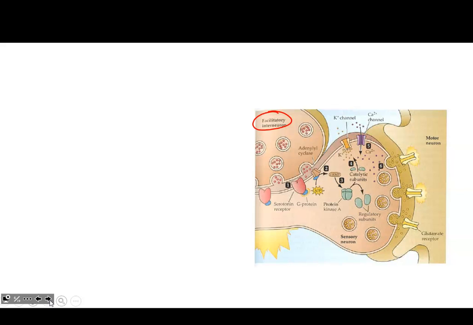Okay, so I talked about that in the last video, but the end result of how this synapse gets sensitized is that this is the sensory neuron that responds to siphon touch. And the idea being more neurotransmitter will be released due to the actions of this facilitatory interneuron here.